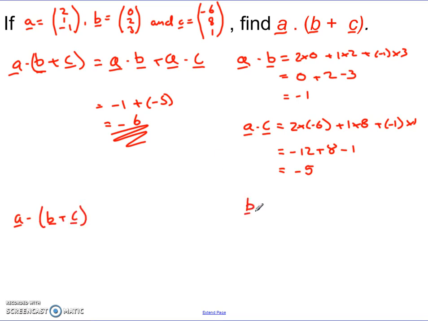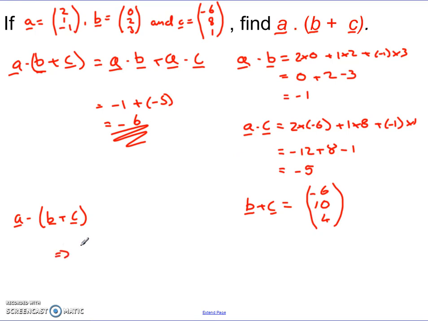So if we were to do the B plus C, adding these two vectors together, we'd get negative 6, then 2 plus 8, which is 10, then 3 plus 1, which is 4. We'd then take the scalar product of A with this.